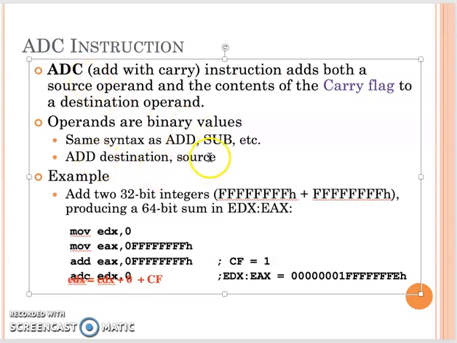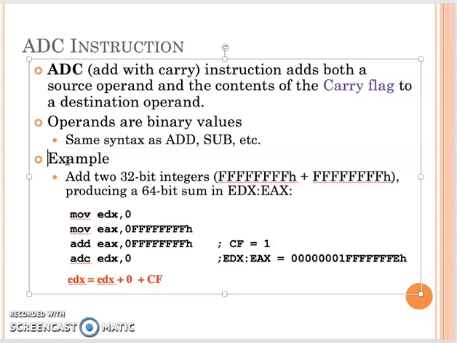With add, we add the source operand to the destination operand, so we update the destination operand. ADC will do the same thing, but besides adding the source operand to the destination operand, we also add the carry flag. So that's what we see here: the same syntax, destination operand first, then source operand.